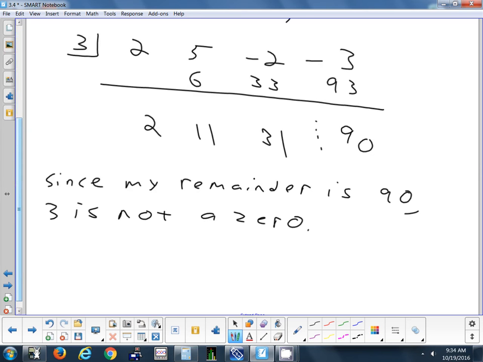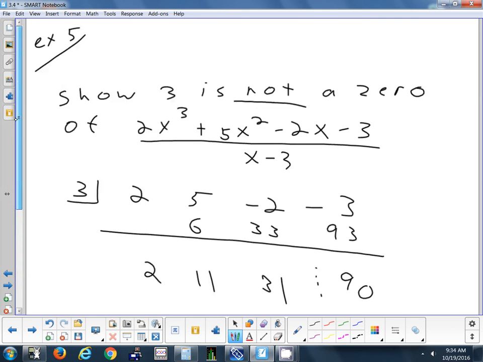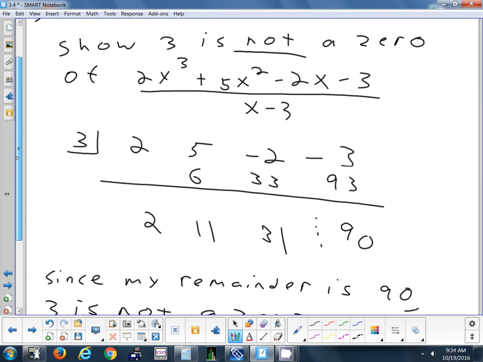X minus 3 is not a factor. What's not an x-intercept? Yep, 3. I'm not going to write all those. I just want you to understand them because you need to understand all those different terms for the test. And that's it. So it's a lot faster than doing long division.